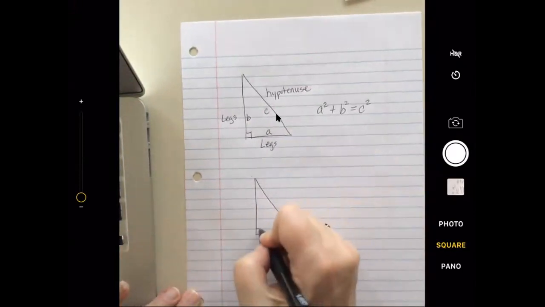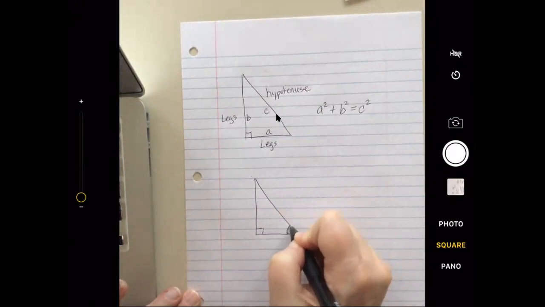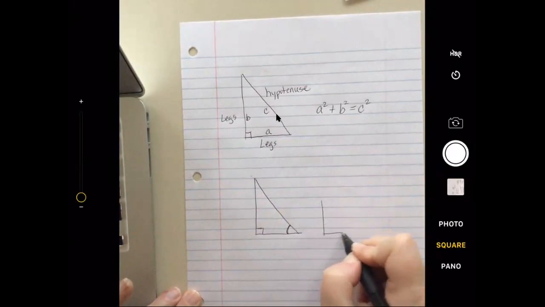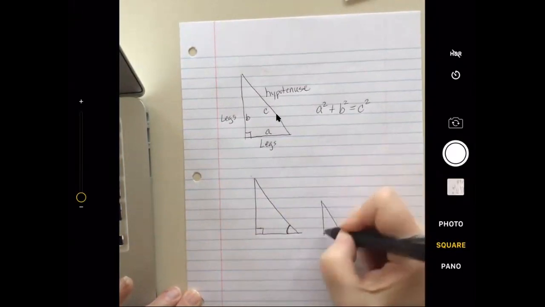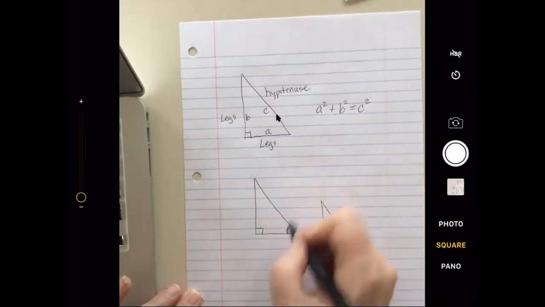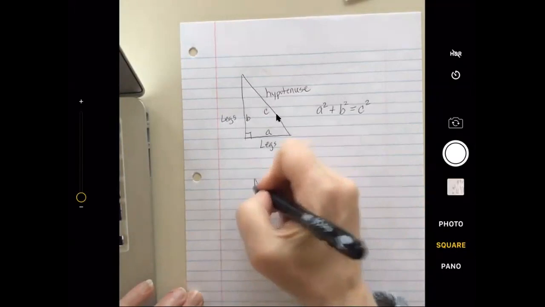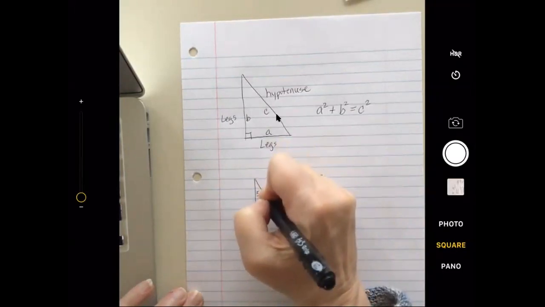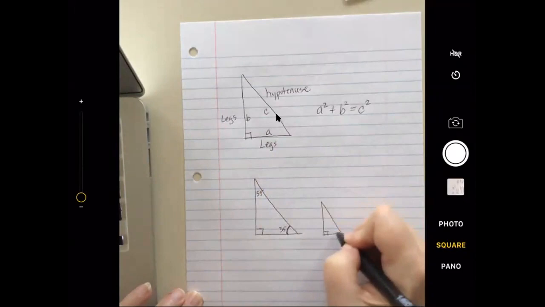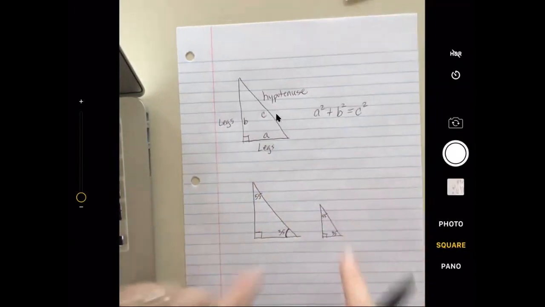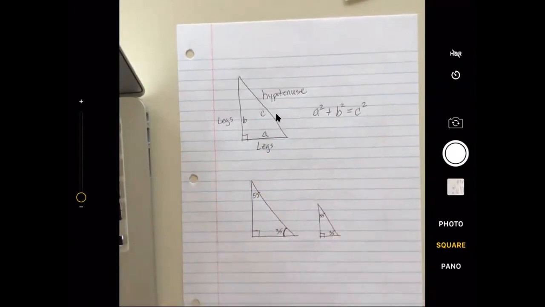If you have another triangle with the same angles, say 35 and 55, because they have to add up to 90, they're going to be proportional, only one is shrunk or bigger than the other.